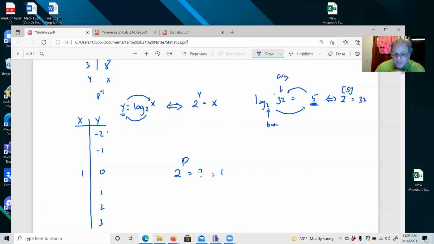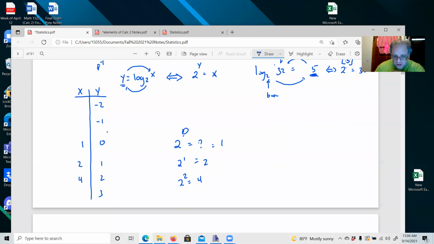So we put a 1 here. 2 raised to the 1 is equal to 2. So we put a 2 here. 2 squared is equal to 4. And 2 cubed is equal to 8.